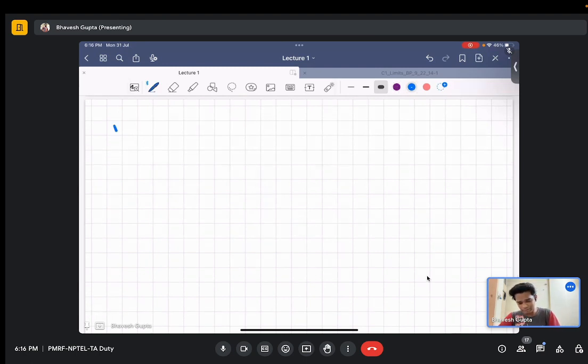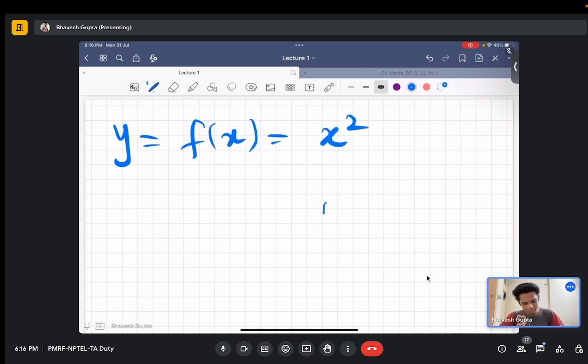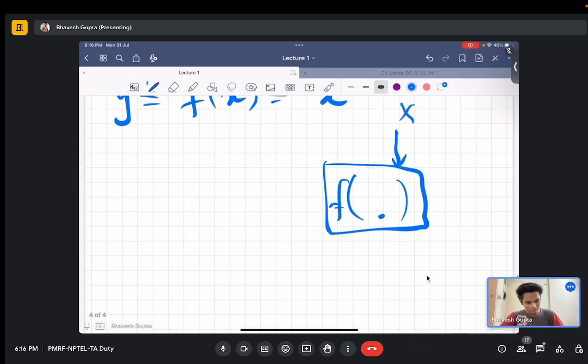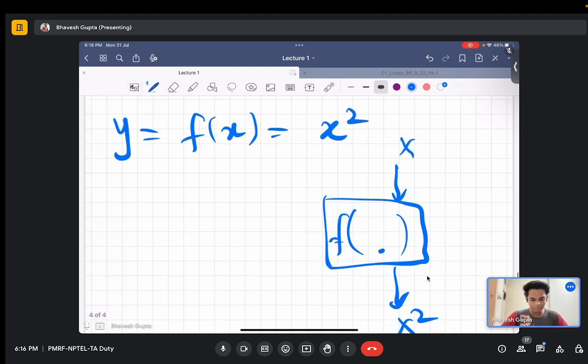For example, if I have a structure like x squared, then when you give an input x, this black box gives you the output x squared. It squares. This is what a function does.